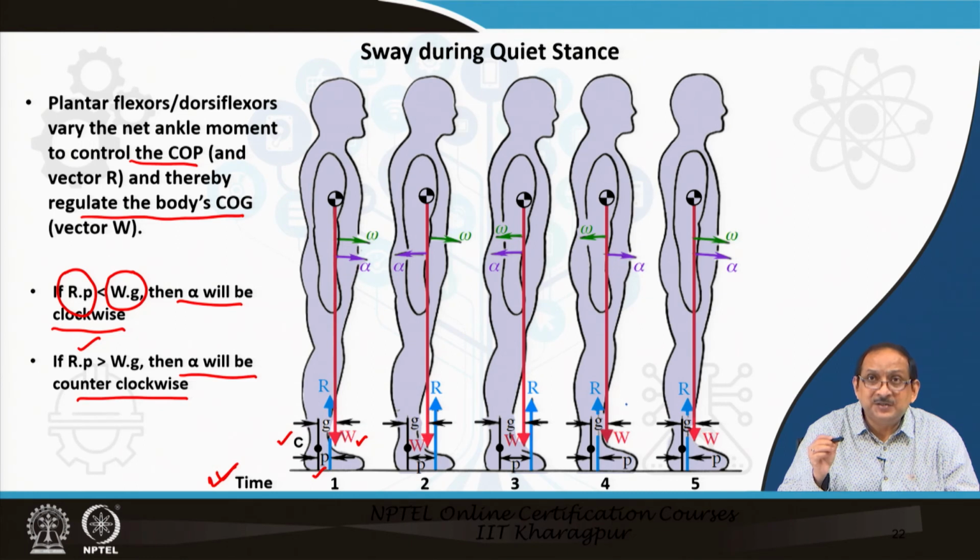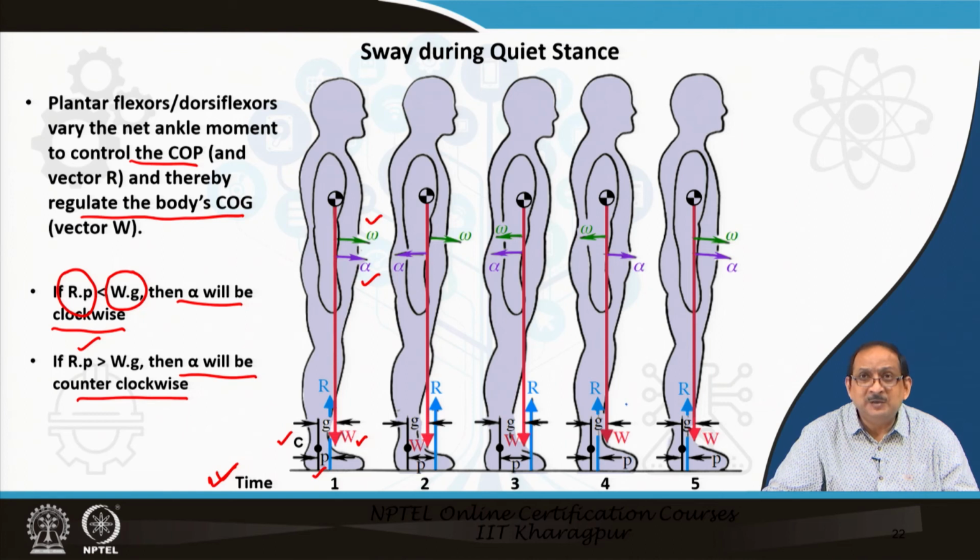So, the G distance is greater than the P distance, and the moment WG will be greater than RP, and the body will experience a clockwise angular acceleration alpha, which will induce an angular velocity also in the clockwise direction, and that angular velocity is omega.